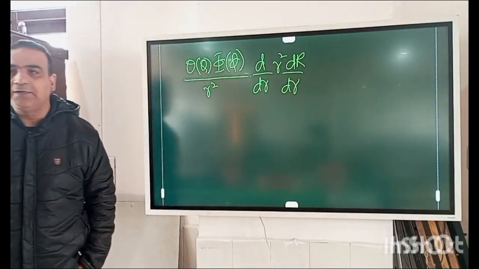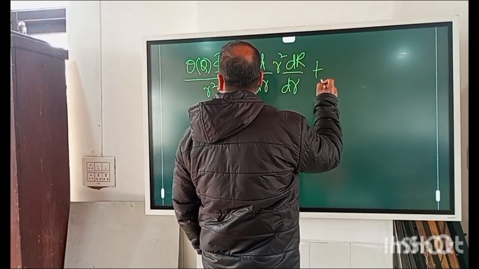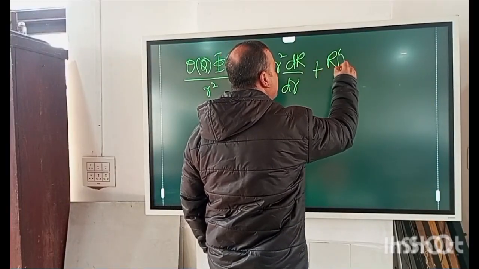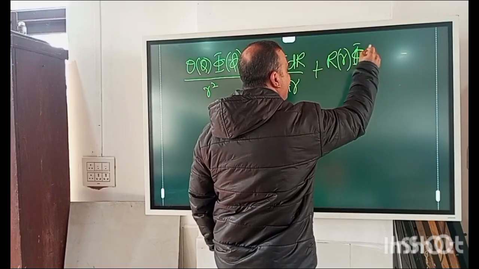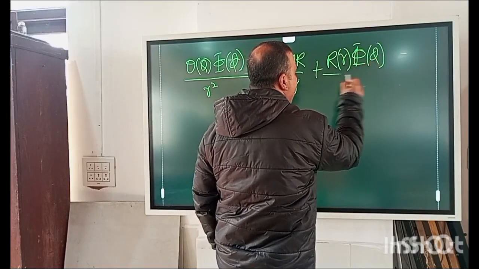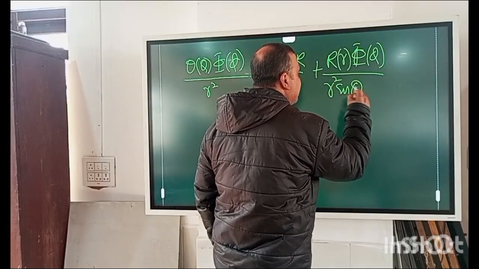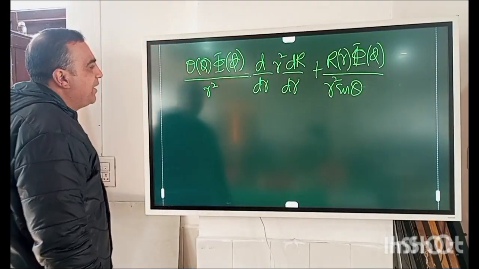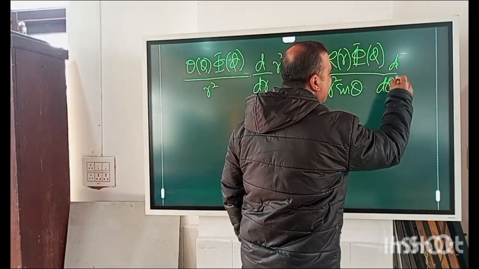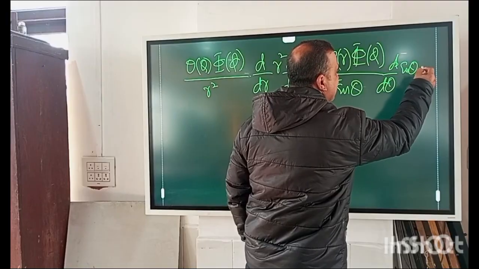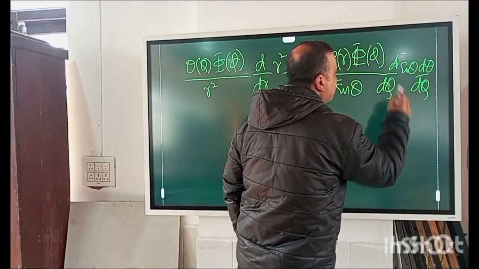This is the first part. For the second part, R of r will be out, and Phi of phi will be out, and in the denominator you will have r squared sine theta, and then d by d theta of sine theta d Theta by d theta.